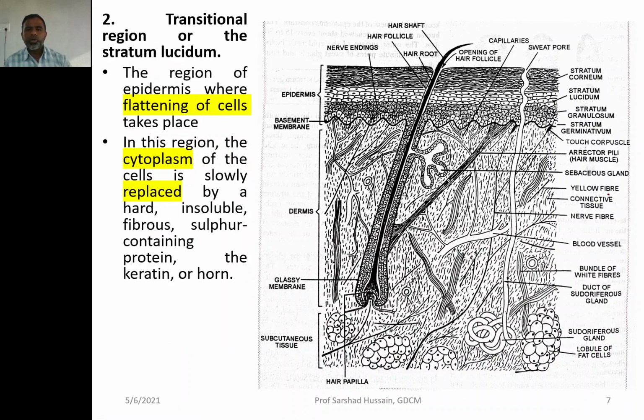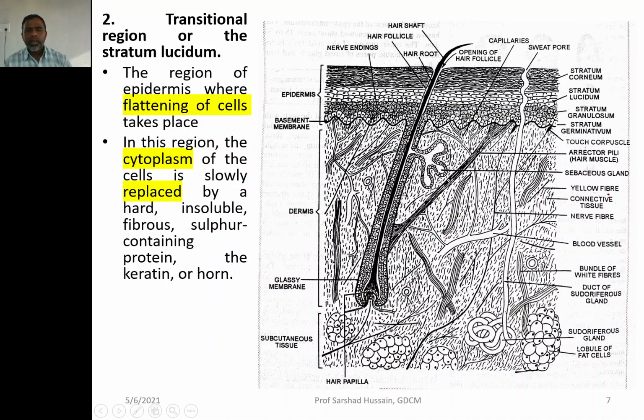Then you have the transitional region, or the stratum lucidum. This is the transitional zone also. This is the region where flattening of cells takes place, cells get fully flattened, and this is the region in which the cytoplasm of the cell is slowly replaced by hard, insoluble, fibrous, sulfur-containing protein, the keratin or the horn.